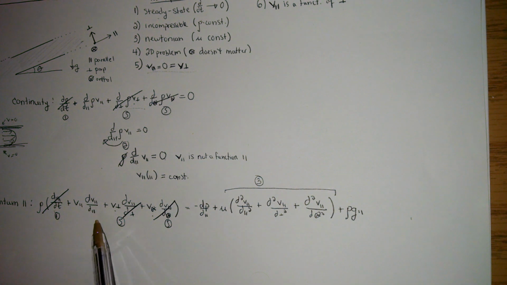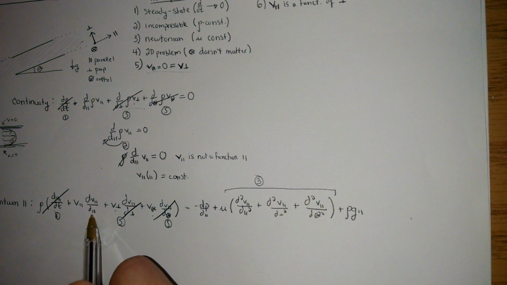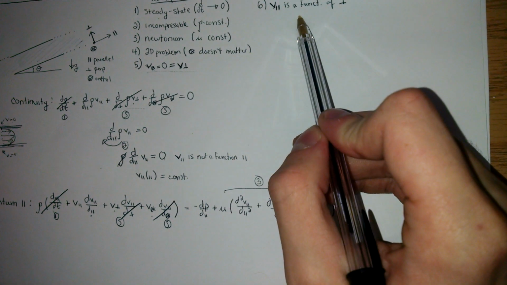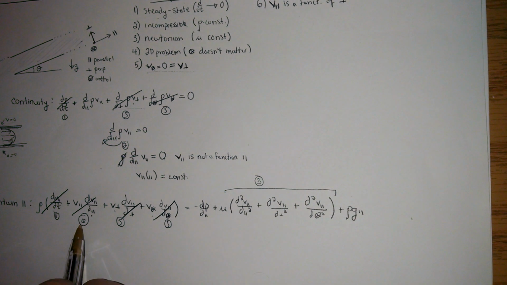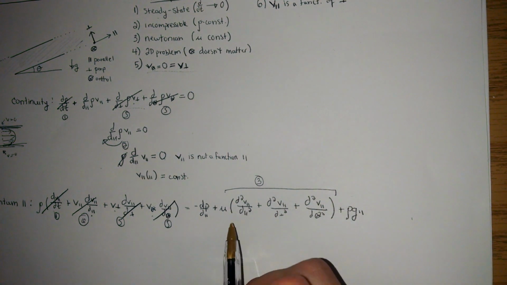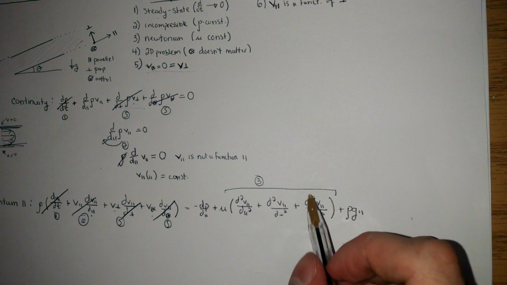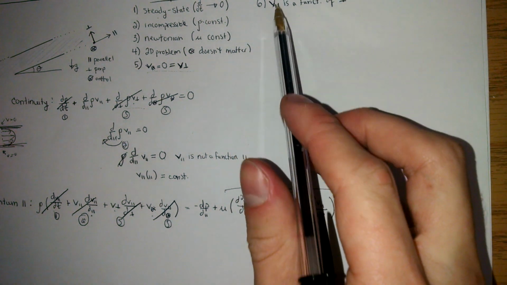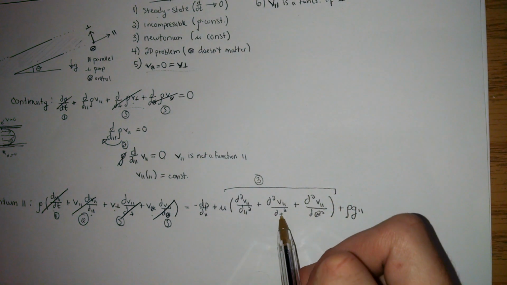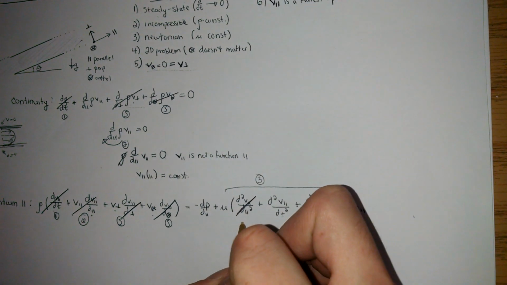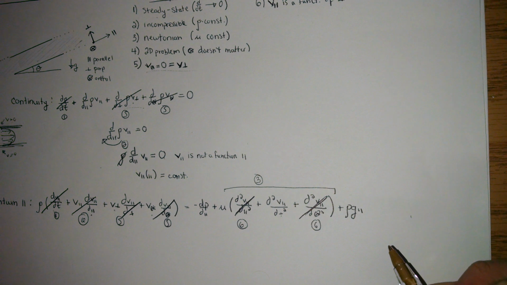Here we're taking the derivative of the velocity in the parallel direction with respect to the parallel coordinate, but we've assumed that velocity is only dependent on the perpendicular component. So by assumption 6, this is going to go to 0 as well. Over here we have the same sort of thing. Again, the only thing that the velocity in the parallel direction depends on is the perpendicular component. So for the same reason, these two are going to go to 0.